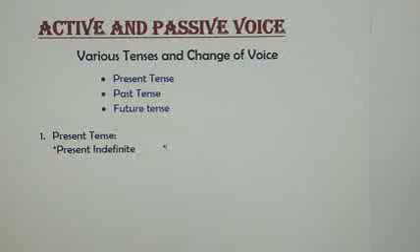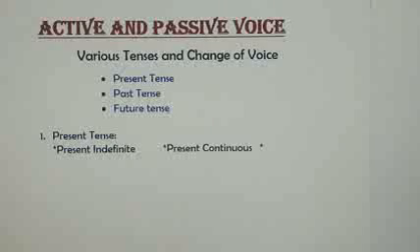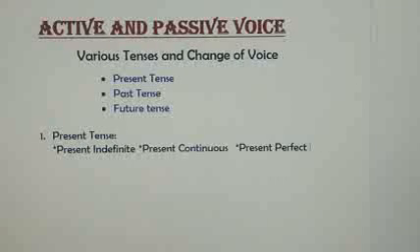The other one is present continuous, and the next one is present perfect. Okay, my dear children, in this class we will learn how to convert sentences based on these three present tenses from active to passive.